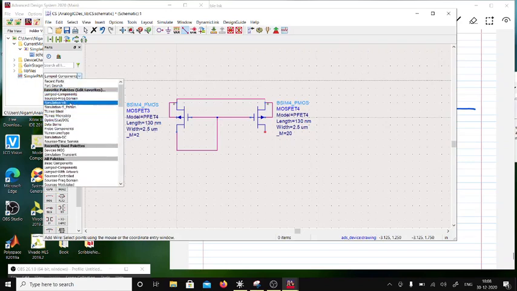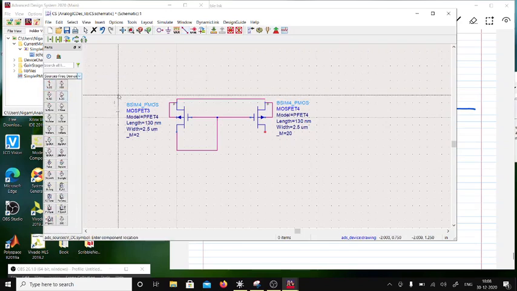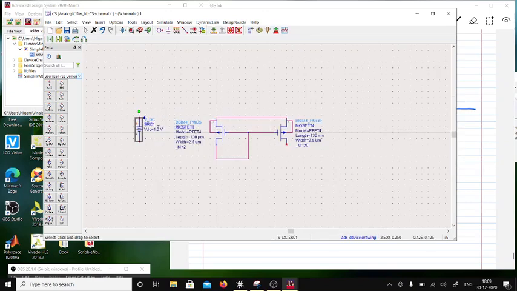So let's put here a voltage source. That voltage source is 2.4 volts, for example. And what you do here is put a current reference.